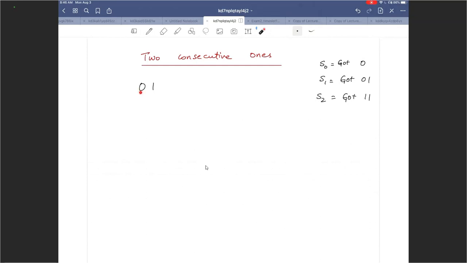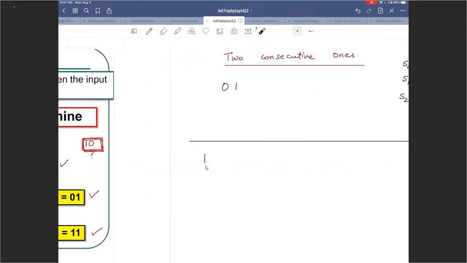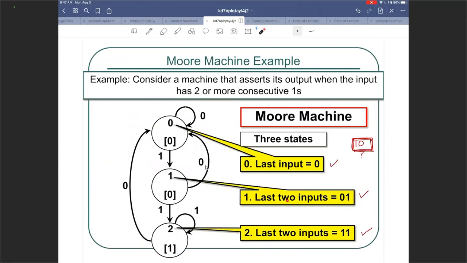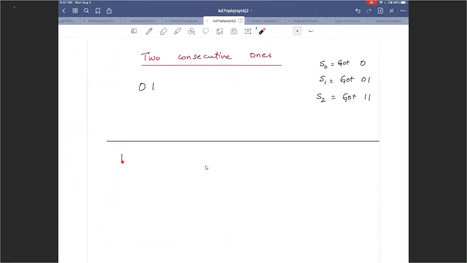To begin with, we might get a 0 or we might get a 1. We could start off with a 1. If we start off with a 1, do I need to store that? If I always reset the machine and it always starts with 0, then my first input always comes after a 0.